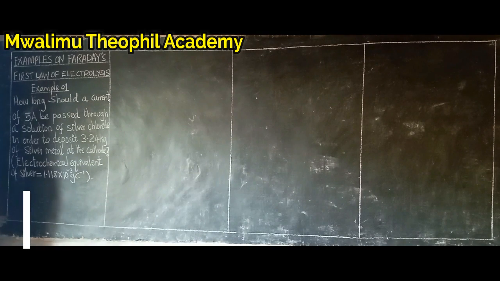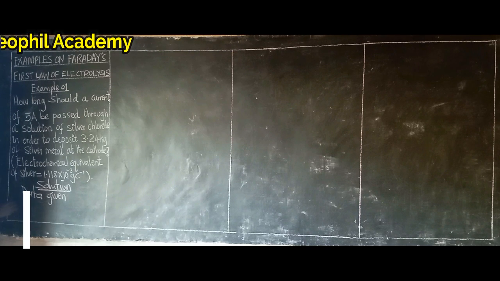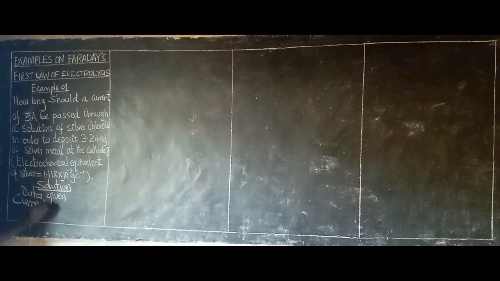Here, let us start with a solution. After writing the solution, let us analyze the data which we have. Data given. In this question, we are given the current I, which is equal to 5 ampere.